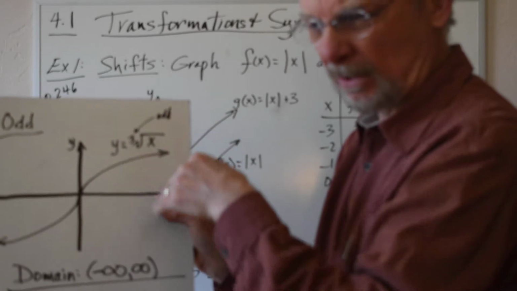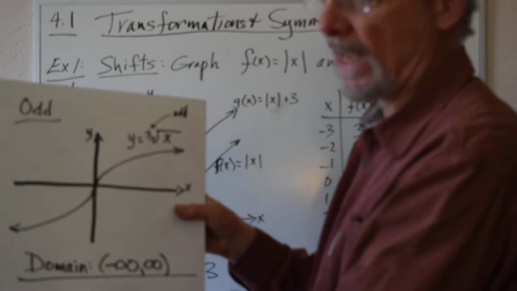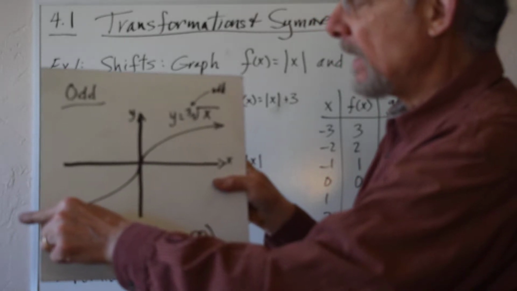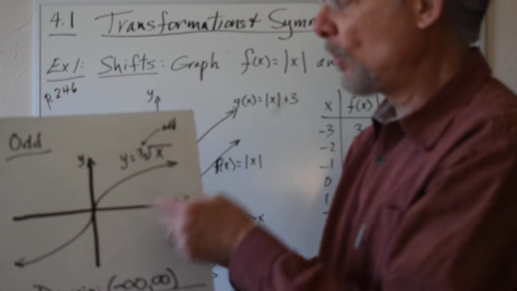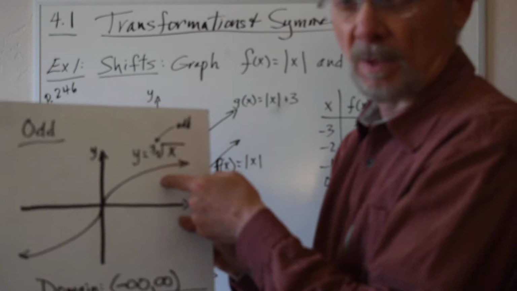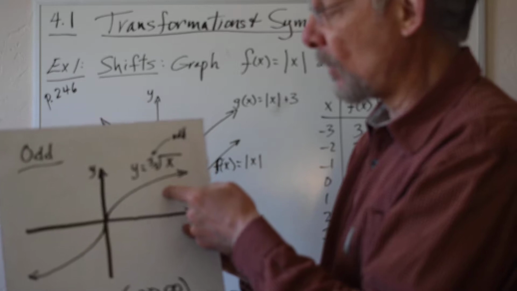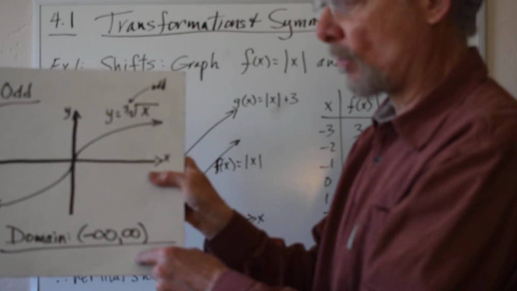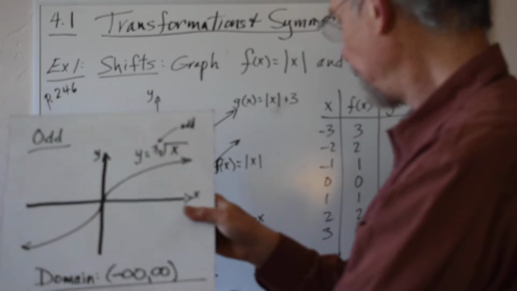You'll see that it's actually a little flatter than its neighbor that we just looked at, y equals the square root of x. But notice that it runs off in the negative direction also, because you can take the cube root of a negative number and the fifth root of a negative number and the seventh root and so on and so forth of a negative number. So the domain is different. It's all reals in this example.